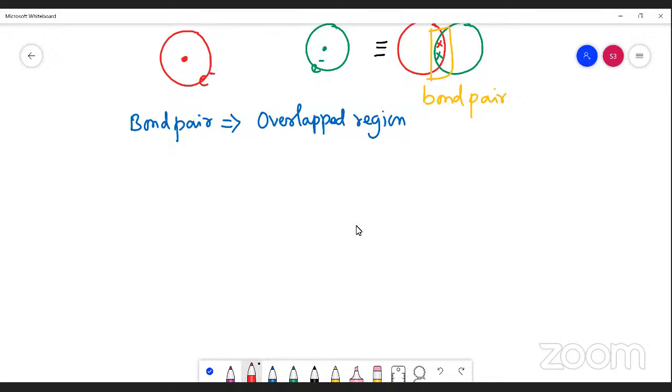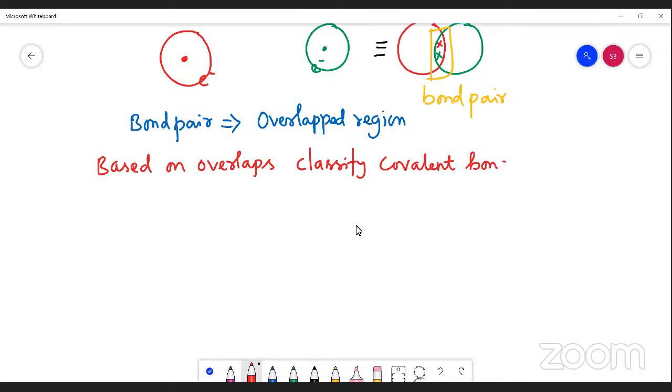So based on the overlaps, we can classify the covalent bond.